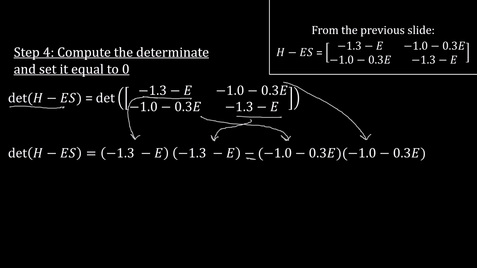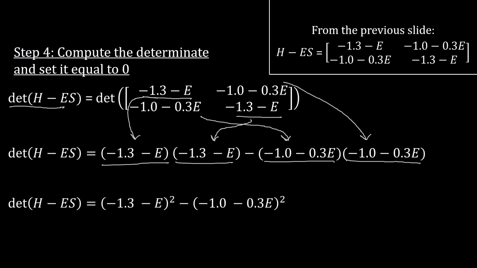Note that if we have a determinant bigger than 2 by 2, this gets a little bit more complicated, but for here we can go with this for a 2 by 2. And we notice that in this case, this term is equal to this term, and this term is equal to this term. So what we end up finding is that when we subtract them, the determinant of H minus ES is, in parentheses, negative 1.3 minus E, squared.